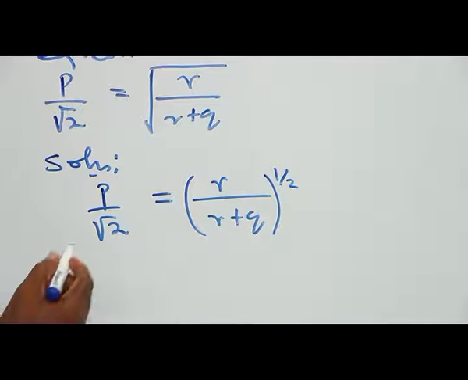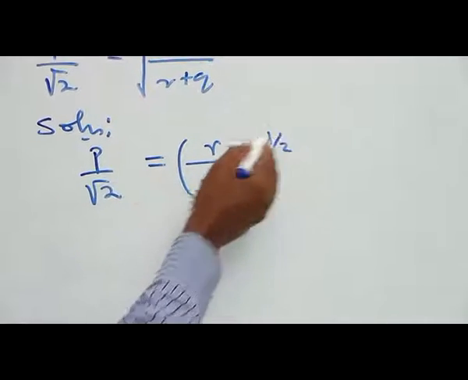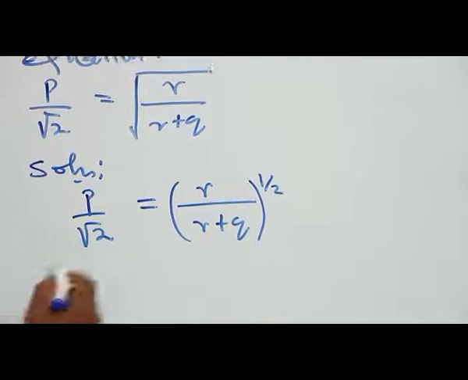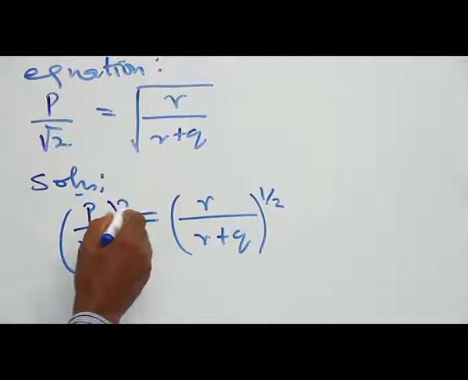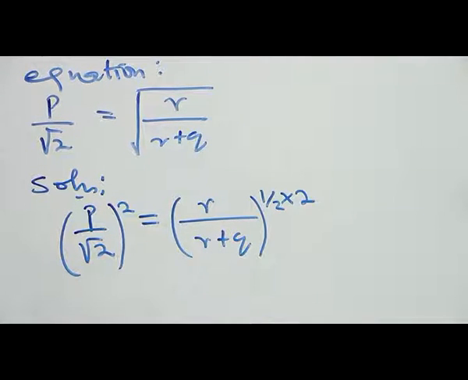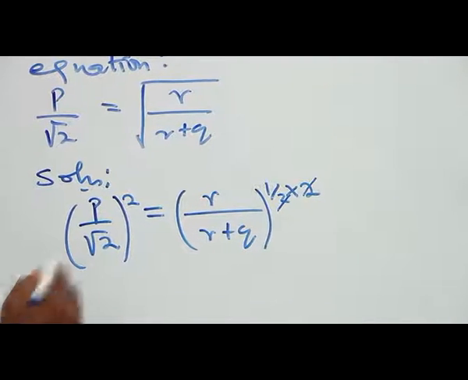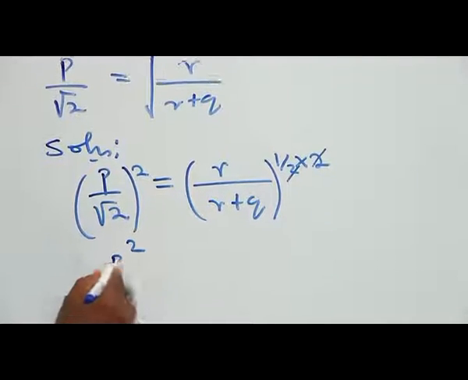All we need to do right now is to multiply both sides by the reciprocal of power half. So I will now square this, and then I will also square this. The reciprocal of half is 2, so that these will cancel.